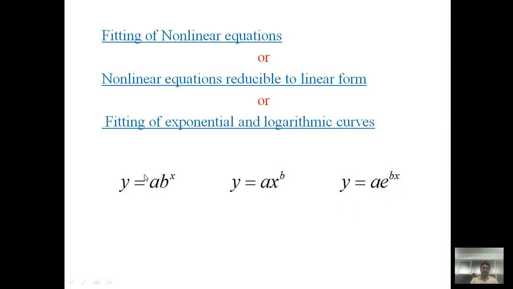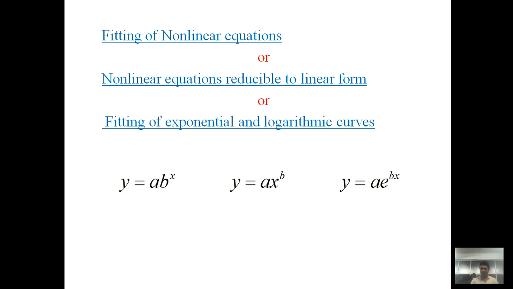In a simple manner, this type of form falls in the category of equations reducible to linear form. We have to use the fitting of exponential curve, and also the fitting of logarithmic curve. Why logarithmic?